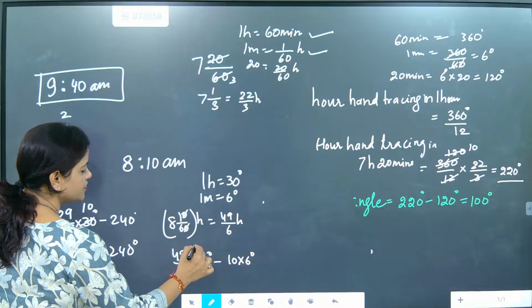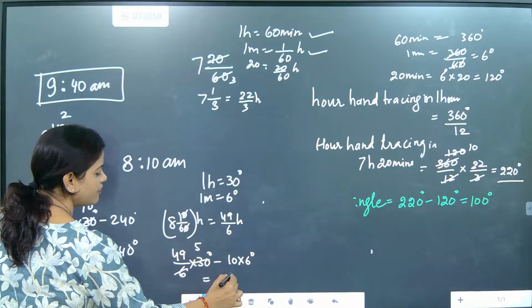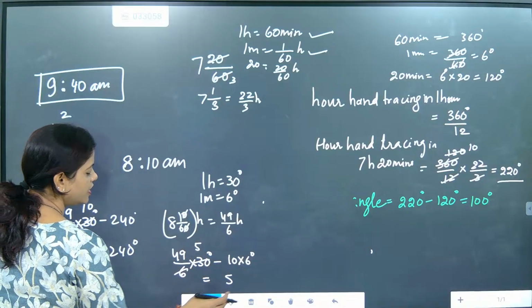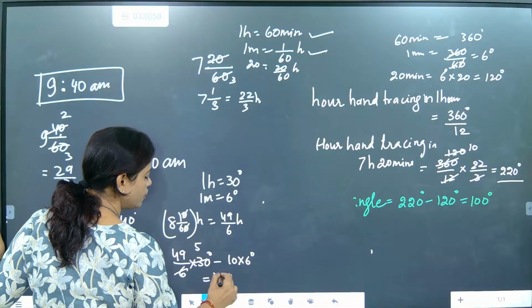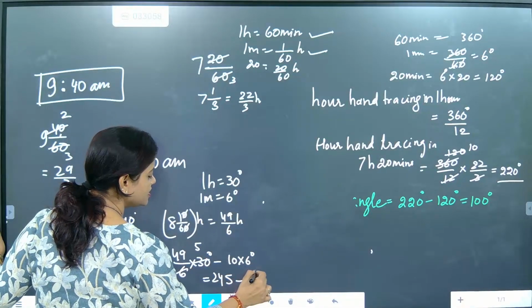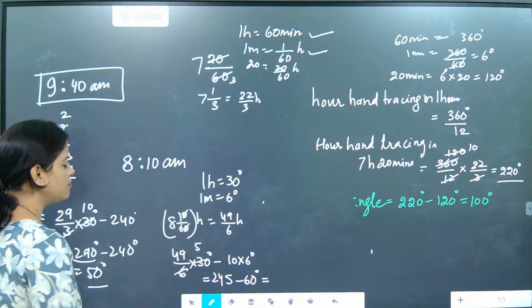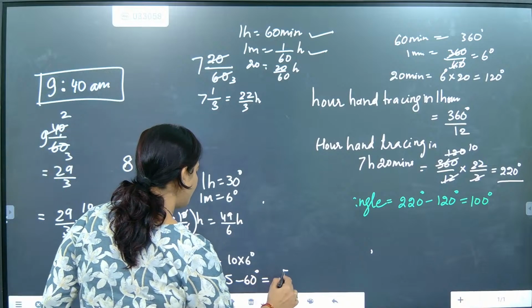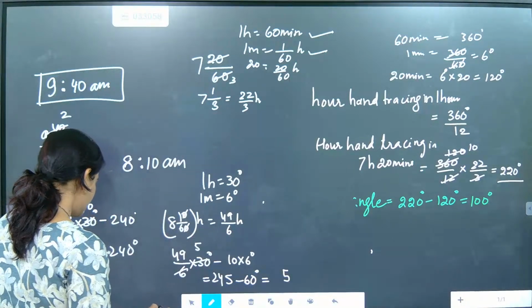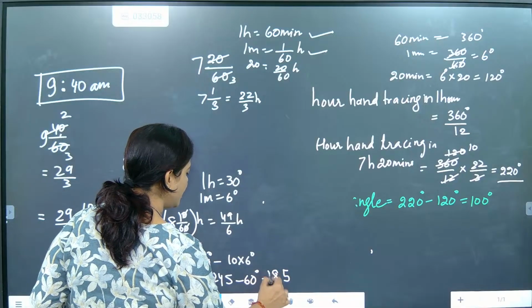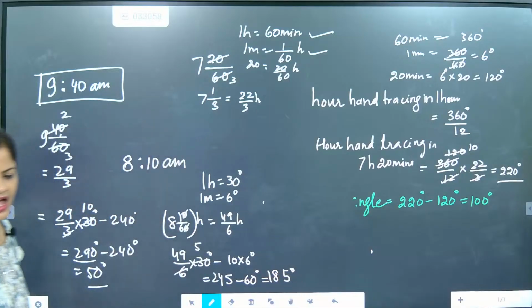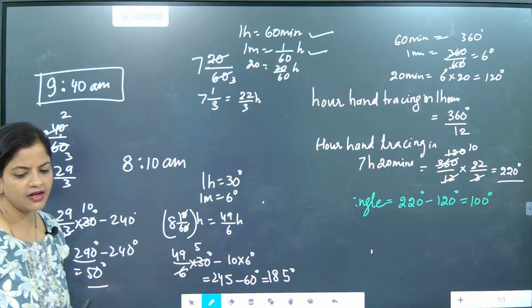So 6 fives are 30, and it is coming 245 degrees minus 60 degrees. So it will be 185 degrees. That is the angle between the hour hand and the minute hand.